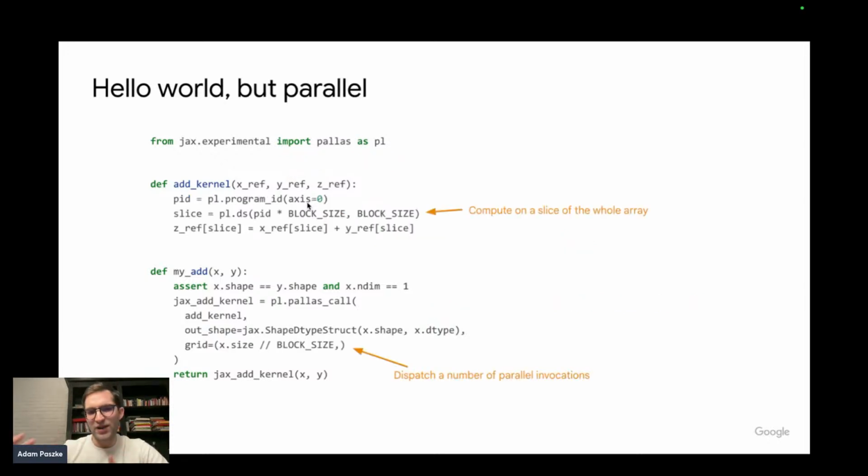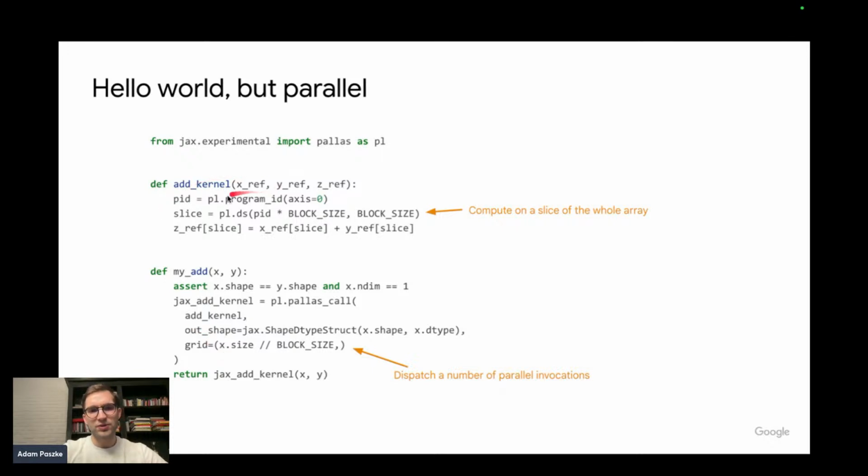And to actually utilize the parallelism in something like a GPU, you still have to invoke a few instantiations of this kernel in parallel. If you've used CUDA, you probably know what's happening next: we just add a grid parameter, which will be a tuple of integers, which basically says we want a number of independent invocations of this program, as many as the product of the integers in that tuple.